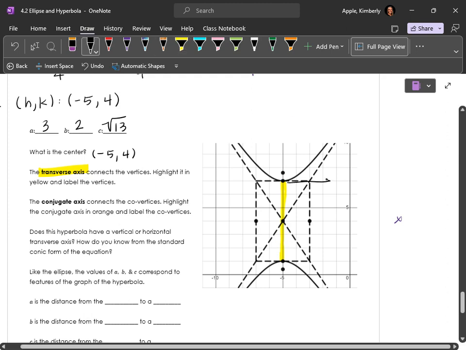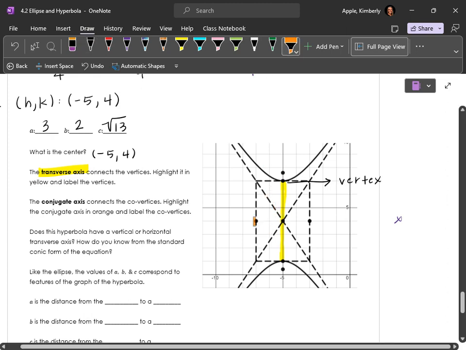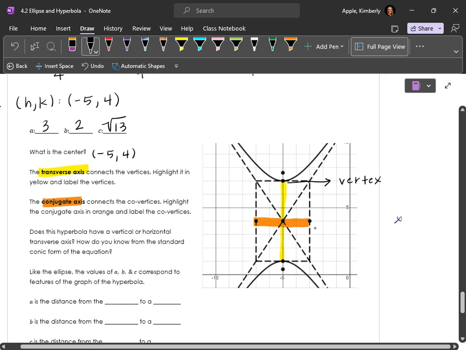So this is a vertex. The conjugate axis connects the co-vertices. Notice there are some parallels forming between this and the ellipse now. Highlight that orange, and label a co-vertex.